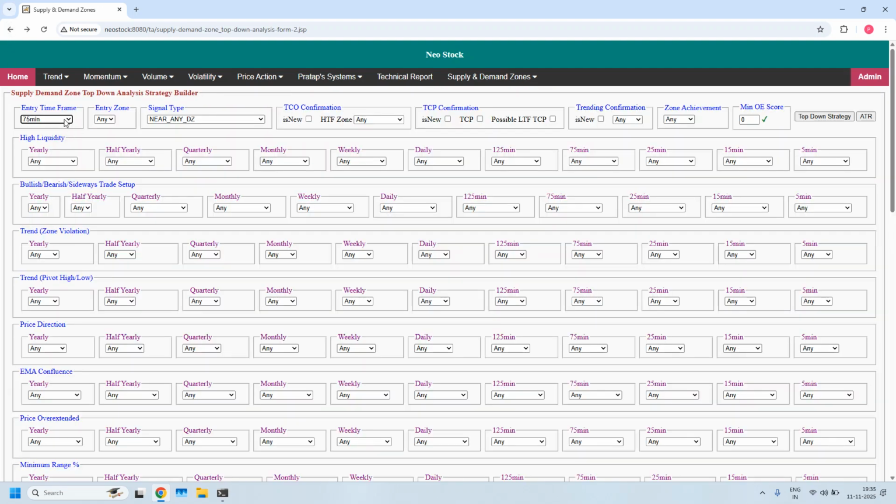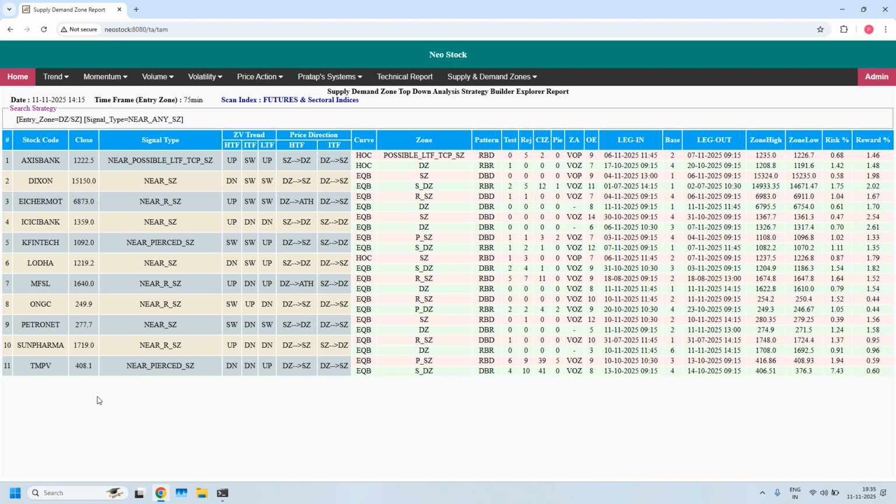Next, for 75 minutes time frame, stocks near to the 75 minutes supply zone, we got 11 stocks. So let's identify high priority, high liquidity, 75 minutes supply zones from this list. HR Motor is having a 75 minutes high liquidity supply zone.